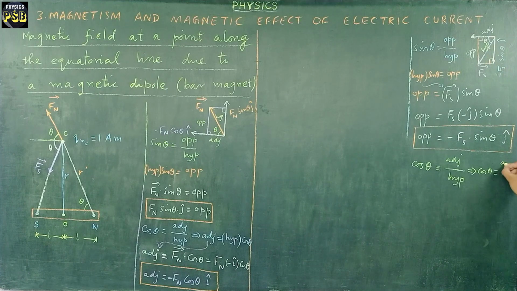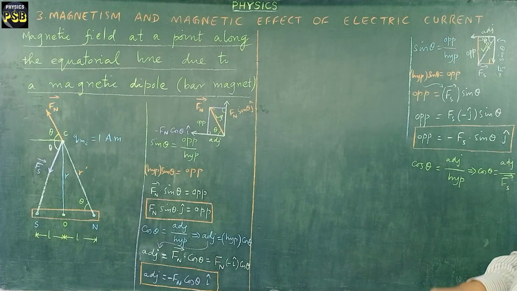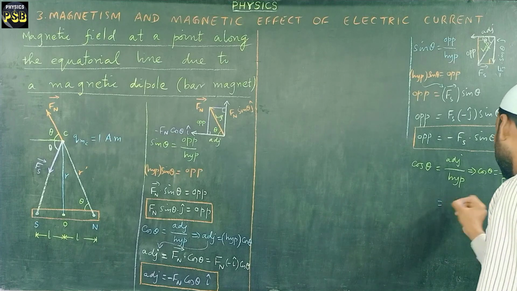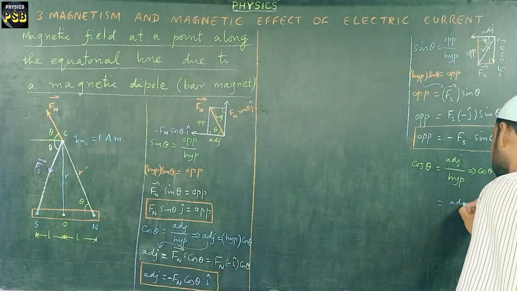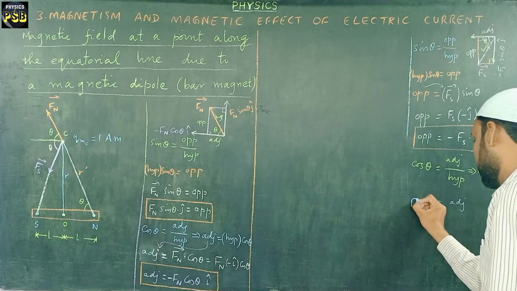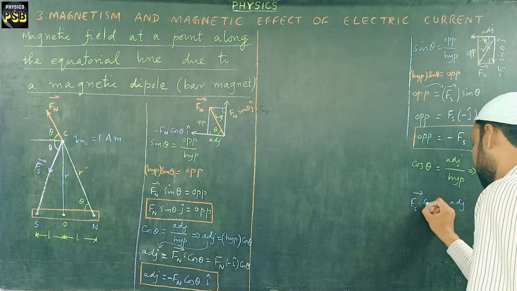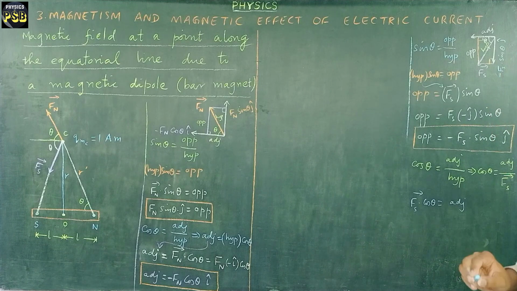It is unknown, so it's kept as such. Hypotenuse is Fs vector. Now I cross multiply to get the value of adjacent side. So what I'll get? Adjacent side equal to Fs vector multiplied with cos theta.